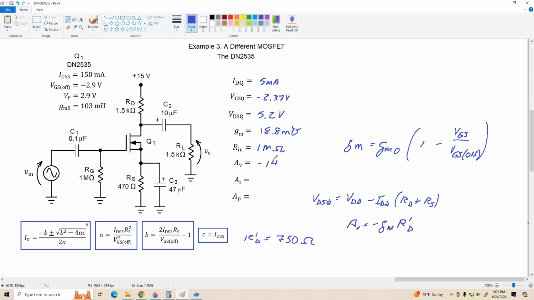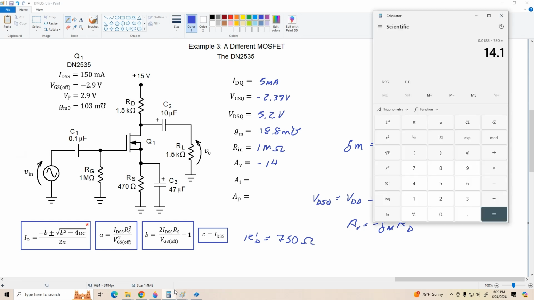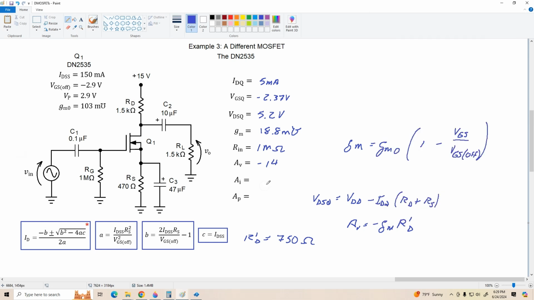Okay, negative 14. Our current gain, of course, is negative 14 times RIN over RL. So RIN is 1 meg divided by 1500 times what was our gain? 14. So now we've got a current gain of about negative 9300, just rounding it off.